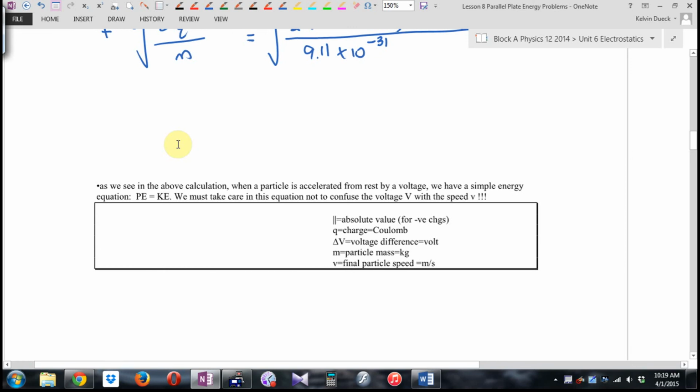So, as we see in the above calculation, when a particle is accelerated from rest, we have a simple energy equation. All of the potential becomes kinetic. We get QV equals a half mv final squared.